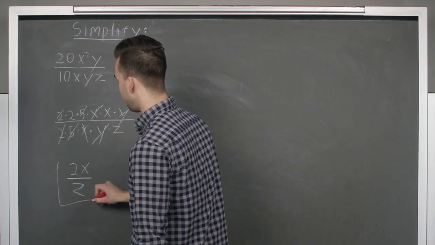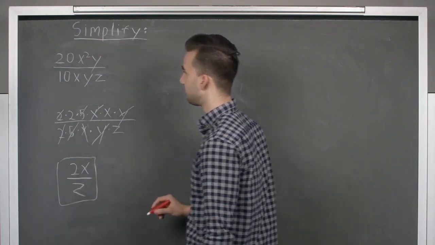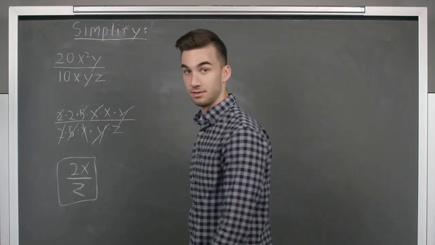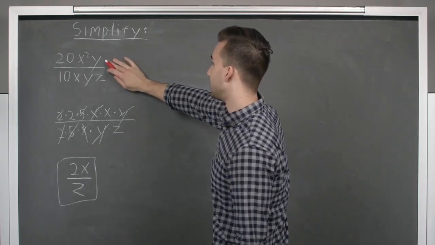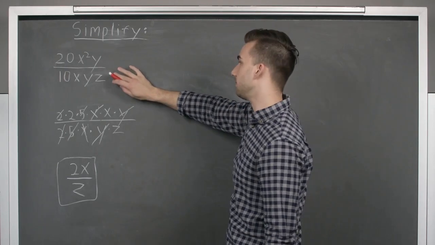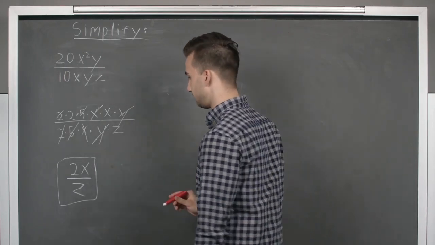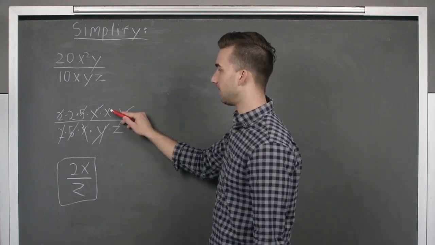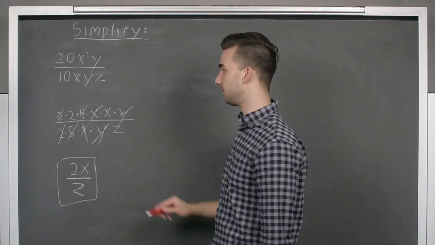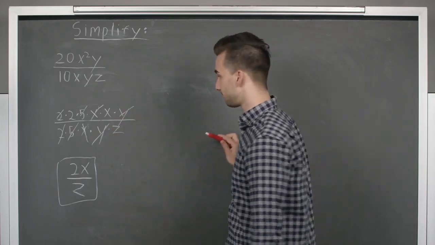So that is our simplified version of the original fraction. But once again, you just have to factor and fully expand the numerator and denominator as much as possible. And then once we do that, we can cancel stuff above and below the fraction bar.